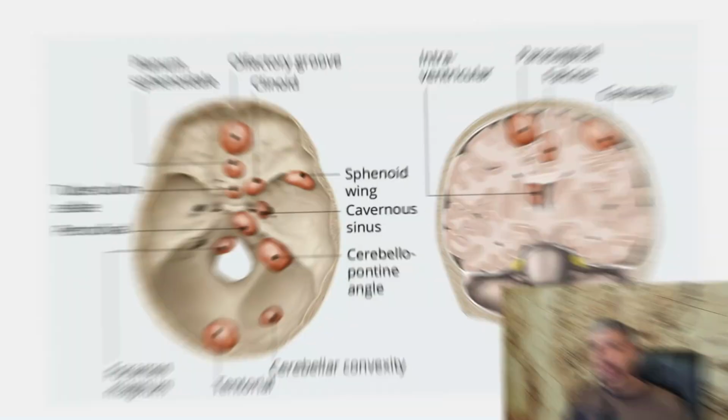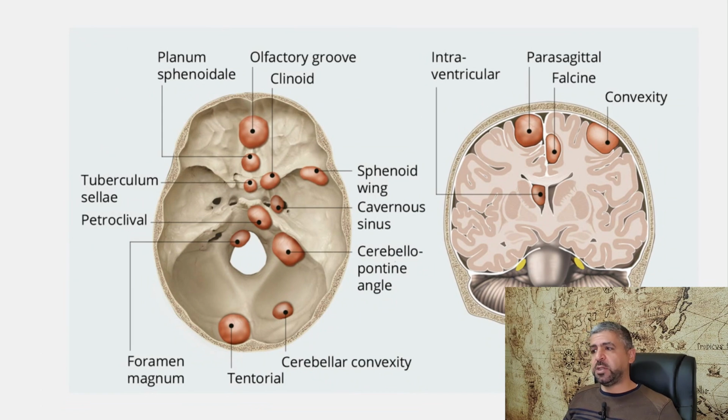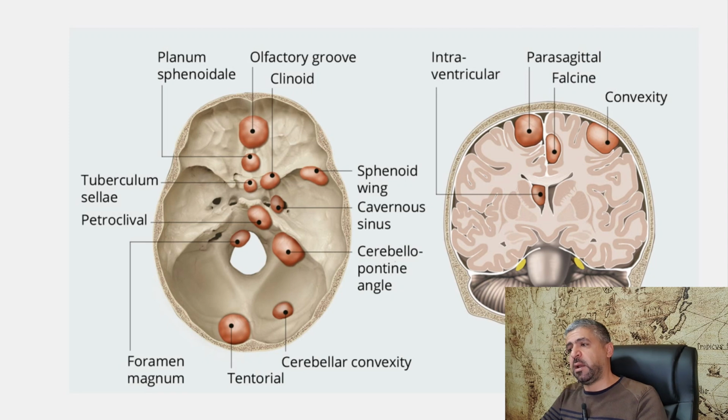As we said, meningiomas can happen anywhere where meninges are found. So in this demonstration, we will see the most common locations of meningioma. Here we can see what's called the olfactory groove meningioma.